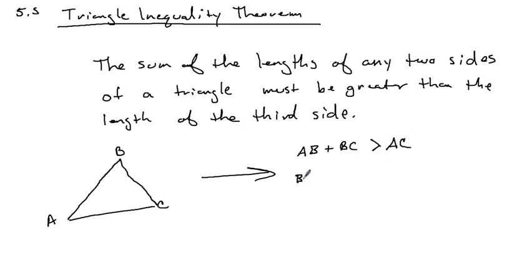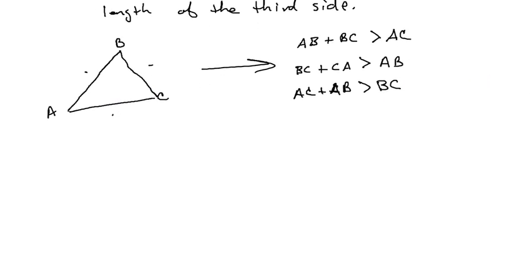And so I'm just going around the triangle, BC plus CA has to be greater than AB. And the last one, I'll go around down the bottom, so AC plus AB is greater than BC. Okay, so all we're saying is that two sides have to add up to more than the third side. It's not rocket science, but it matters.